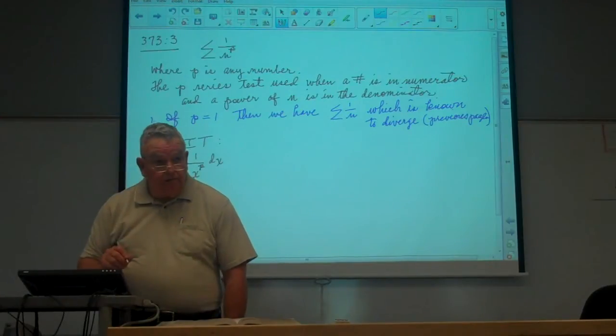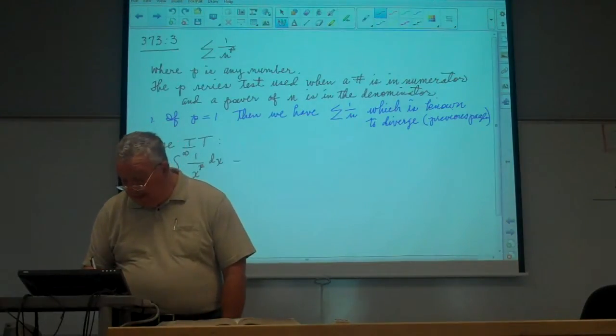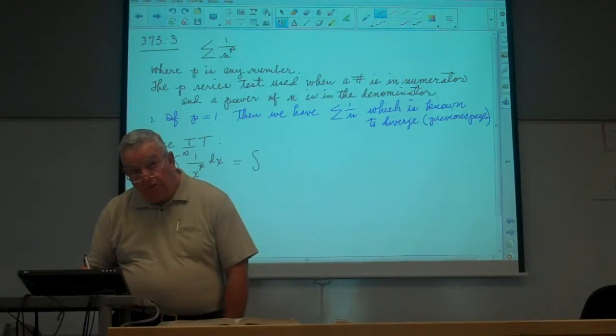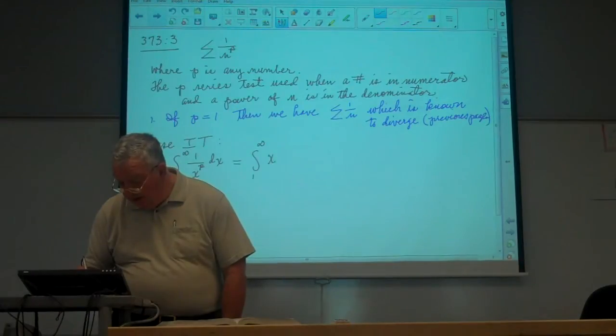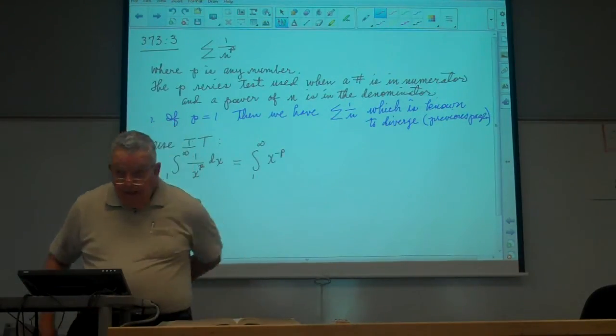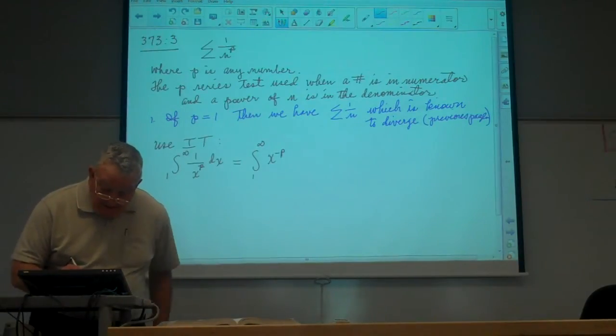Is that correct? But isn't that equal to the integral from 1 to infinity of x to the negative p? Everybody agree with all that?